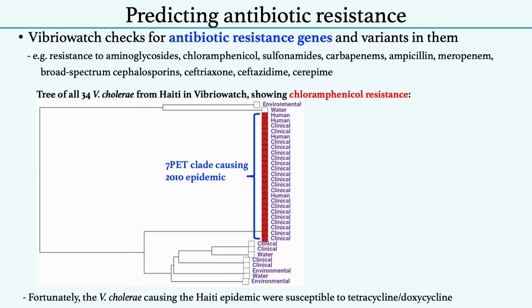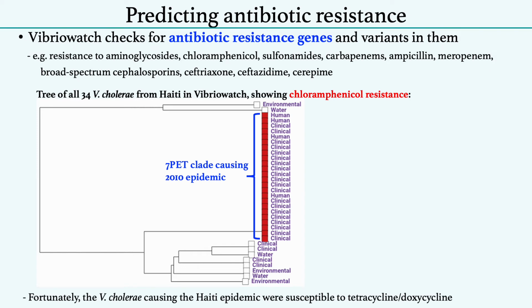A key use of genomic data for epidemiologists is to predict antibiotic resistance based on the genome. Based on this information, it is possible to predict which antibiotics the Vibrio cholerae causing a particular outbreak or epidemic are likely to be susceptible to and which they are likely to be resistant to.